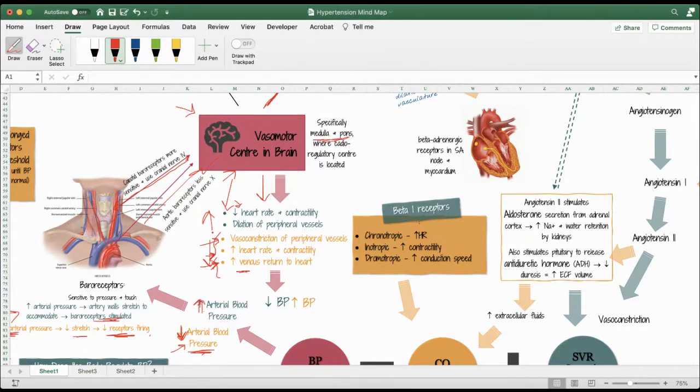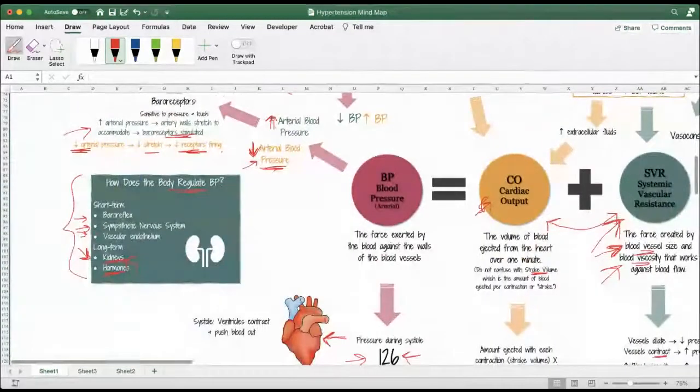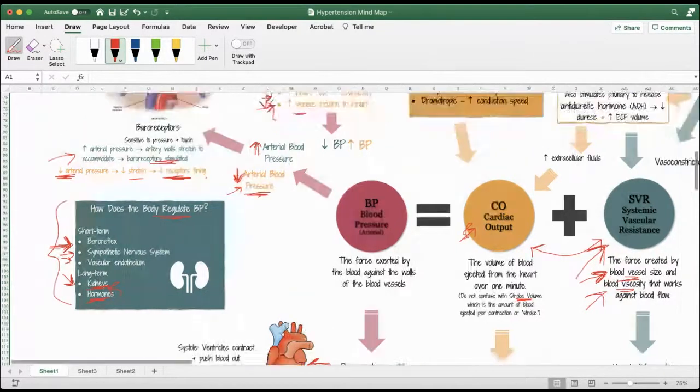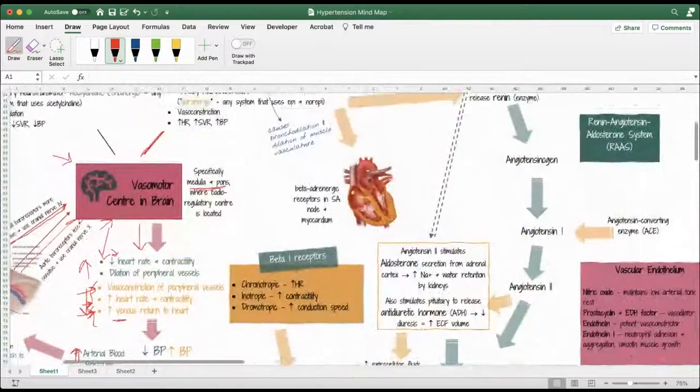Yeah, we're not there yet, but we will go over that right about now. So what I just talked about, that is your baroreflex. That's it. That's the whole pathway, okay? So if you can understand that so far, you're good to go.